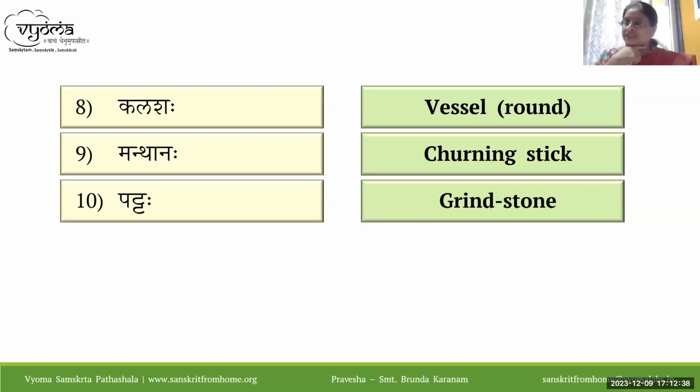What you call in Tamil as olakkai. So that is ulukalam. It does the pounding, when you want to get rice powder or any grain powder or spices that you powder in large quantities. That's the pounding vessel.